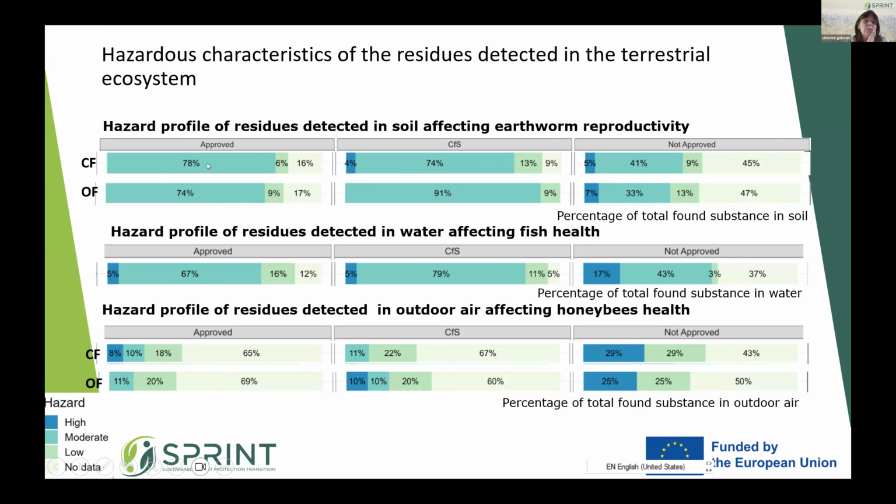So 78% of the approved pesticide residues detected in the soils are moderately hazardous for soil organisms. For the candidates for substitution and the non-approved ones, we still found more than 4 and 5% which are highly toxic. And for honeybees, we found as well, even for the approved ones, highly hazardous pesticides still in the environment.